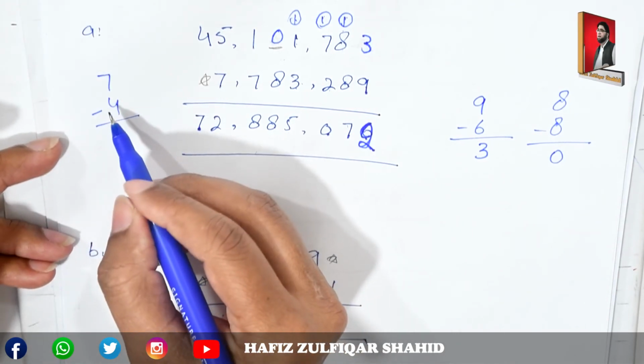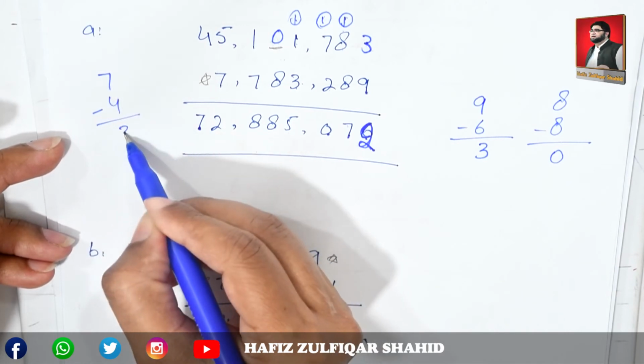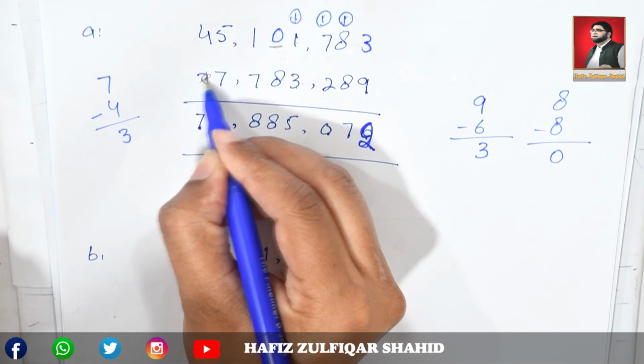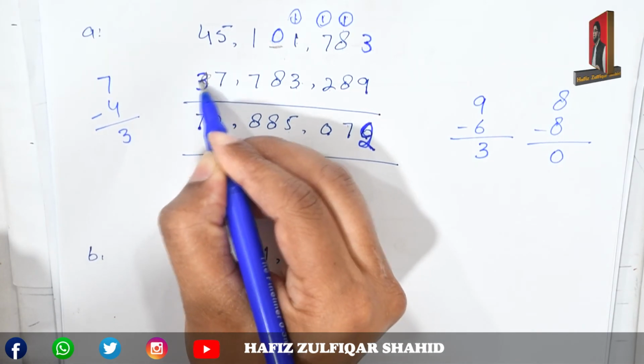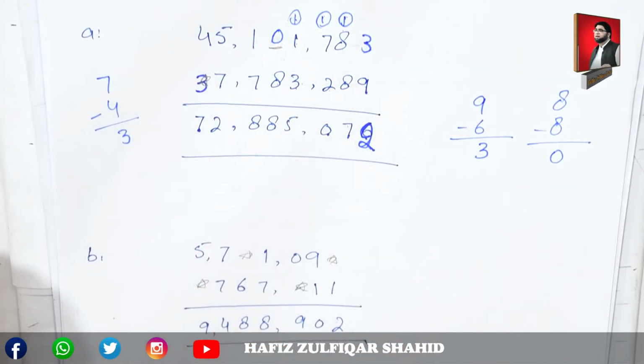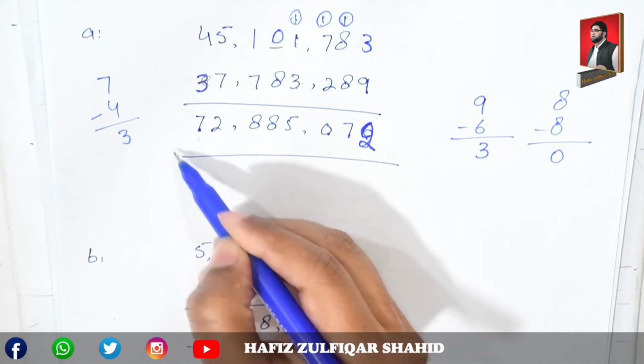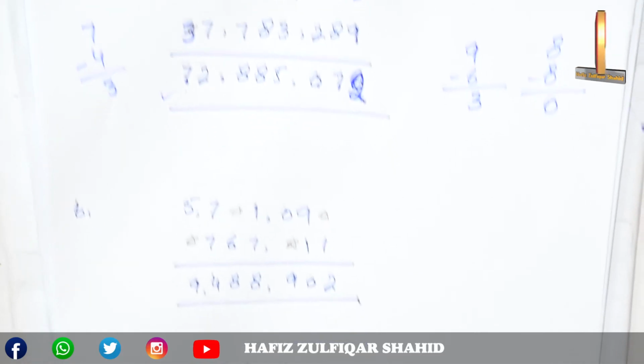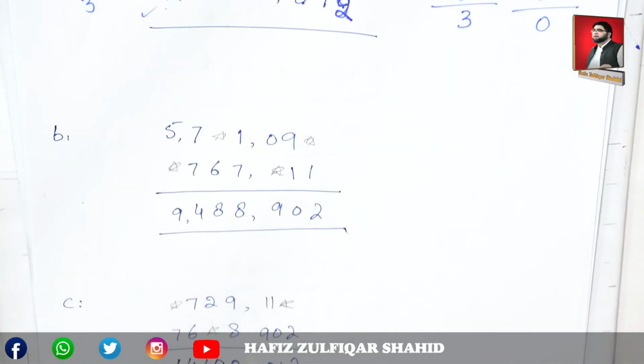See, we have 3 in answer. Let's check. Fill 3 at the place of star. Now add 4 and 3. Answer will be 7. With this process, we will solve the whole exercise 9.